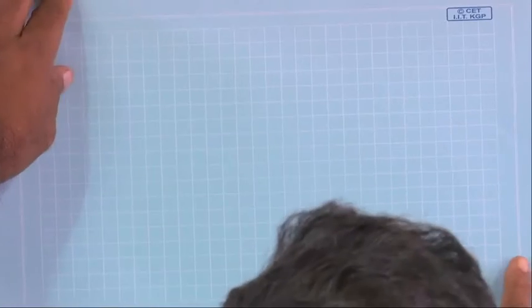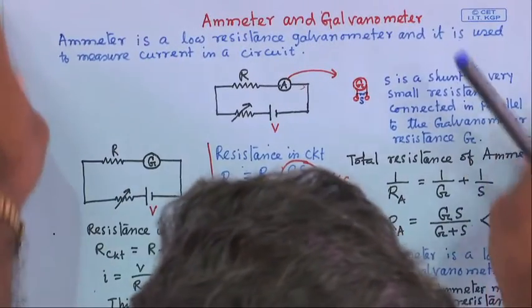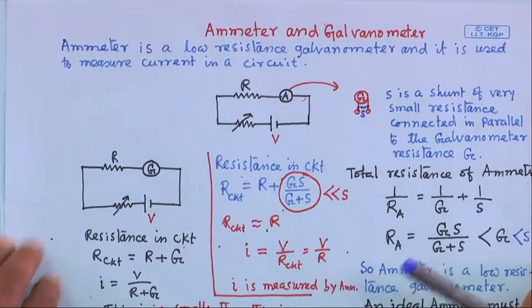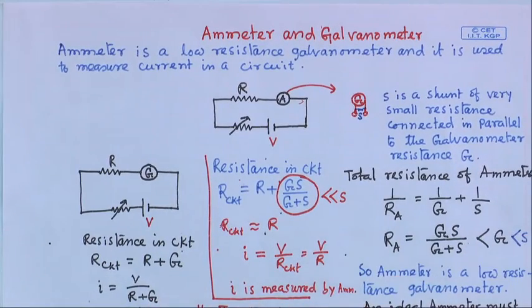That was the galvanometer. Now, what is an ammeter or voltmeter? Let me tell you this. So, what is an ammeter? An ammeter is nothing but a galvanometer.